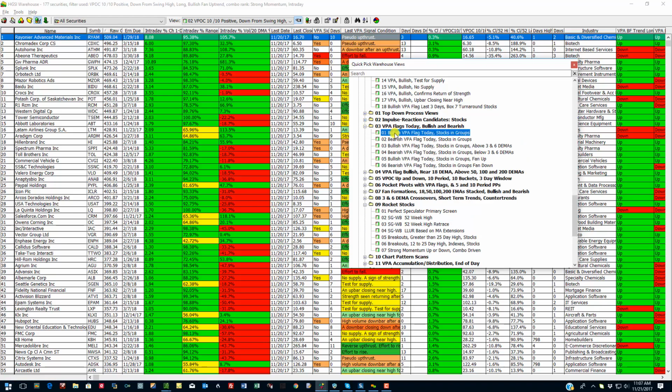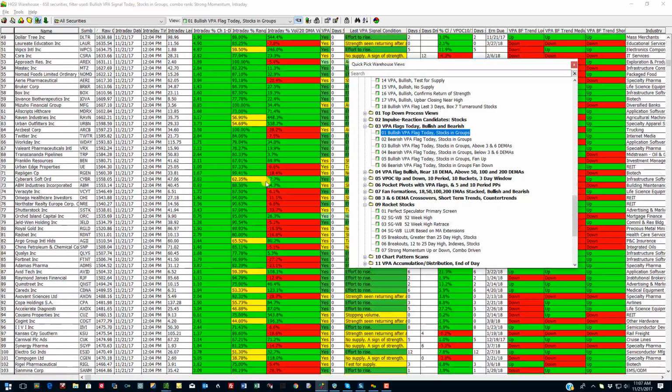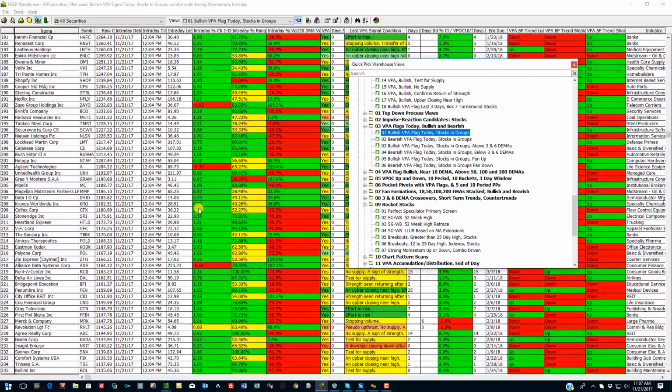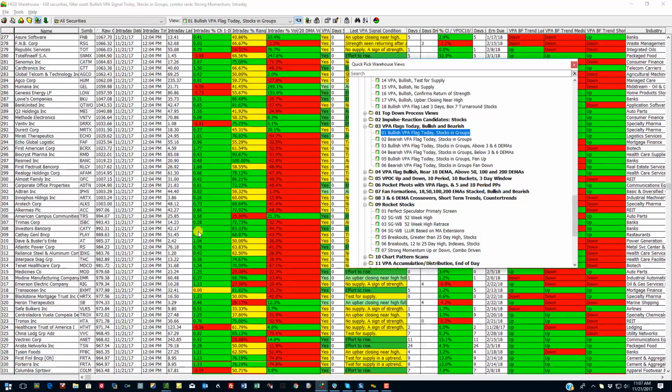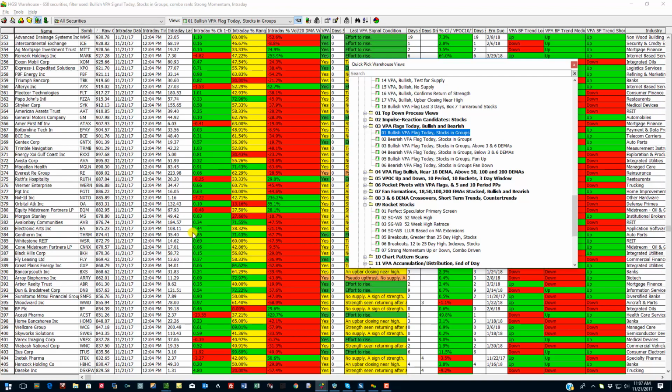VPA flags today. These were stocks that had VPA flags yesterday at the end of the day. And look at them. I mean, how many were there? 658. As I scroll down this list, and this is a crazy day today. It almost has a feel of a blow off.